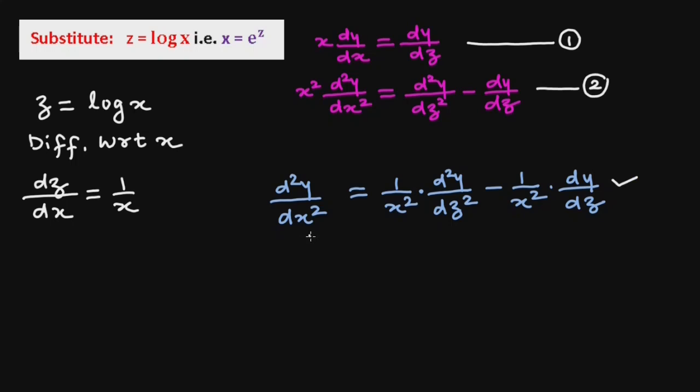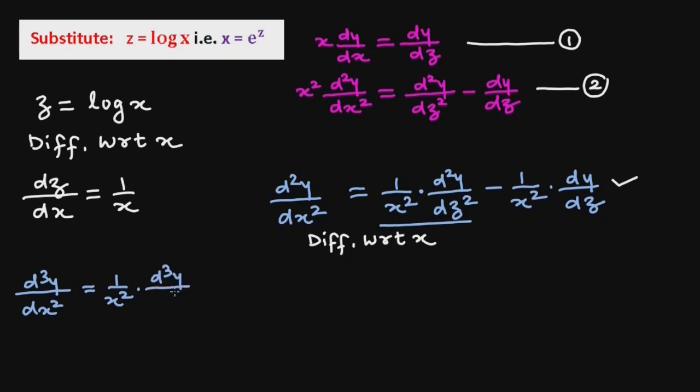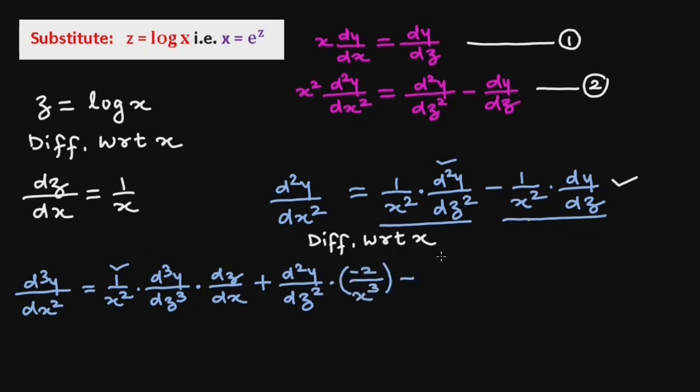So differentiating with respect to x, we get d cube y upon dx cube. We will use product rule here: 1 upon x square, first function, into derivative of second, d cube y upon dz cube. Since we have to differentiate with respect to x, we will multiply here by dz by dx, plus second function d2y upon dz square into derivative of 1 upon x square, minus 2 upon x cube, minus, using product rule here also, 1 upon x square into derivative of dy by dz, d2y upon dz square.